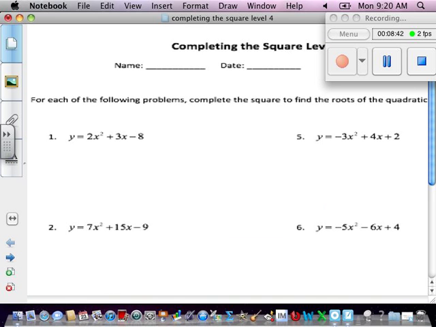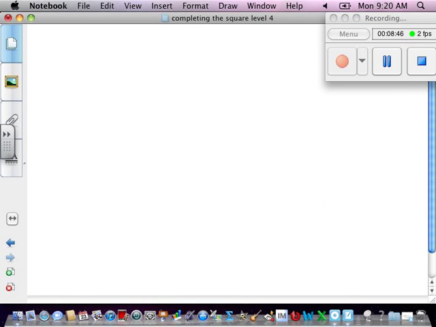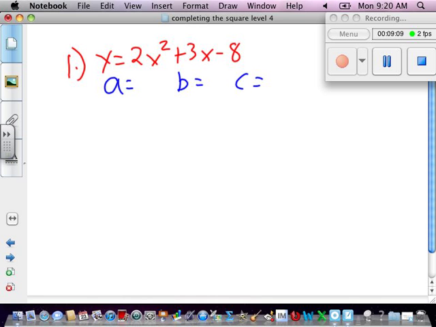I'm going to do number 1, but I need more space than this. Before we do anything, can you tell me what the A, B, and C are for this? 2x, 3x, and negative 2, 3, and negative 8.